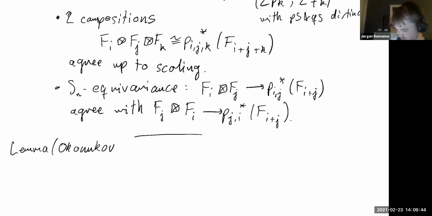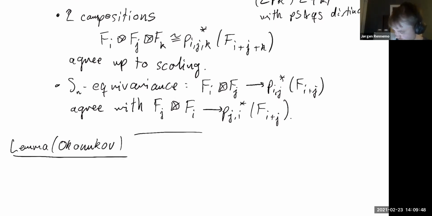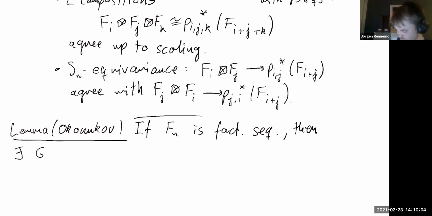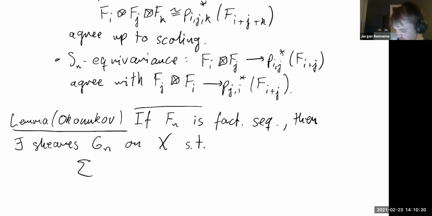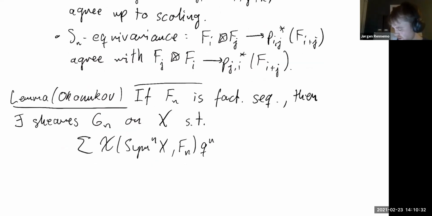It's a very useful lemma, is that if Fn is a factorizable sequence, then there exist sheaves Gn on X such that the generating function of, so evaluating all of these Fn, you can really express this in terms of something far simpler, and the far simpler thing is the Euler characteristic of these Gn.